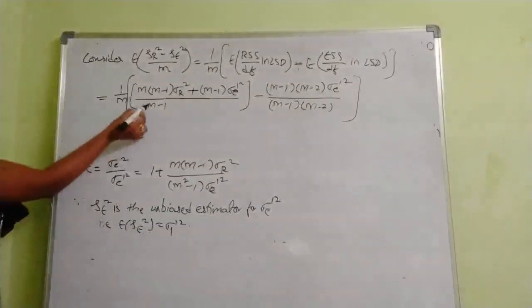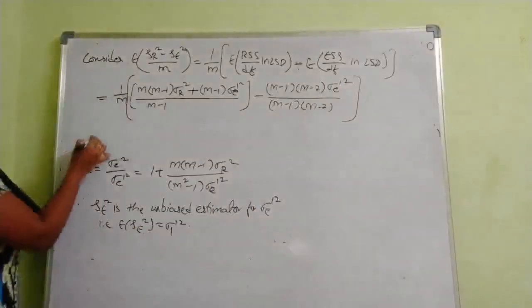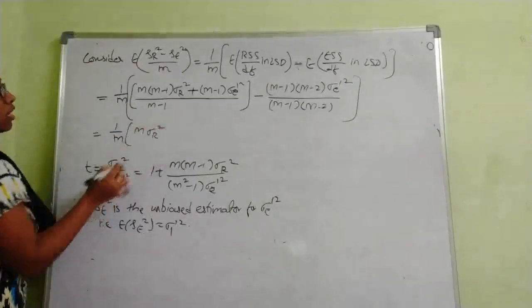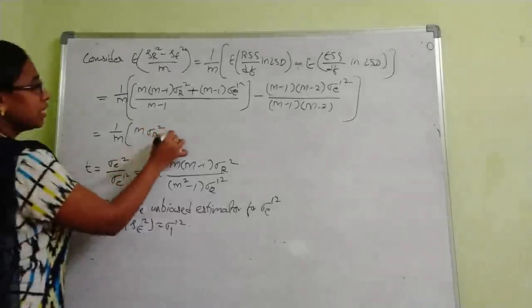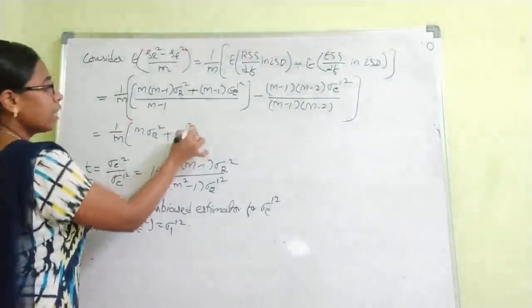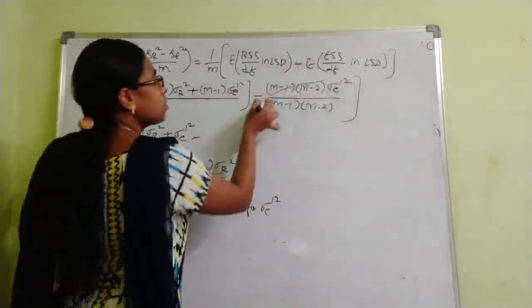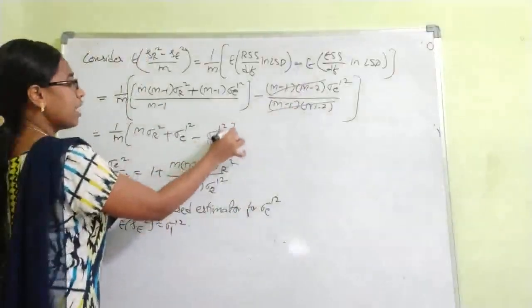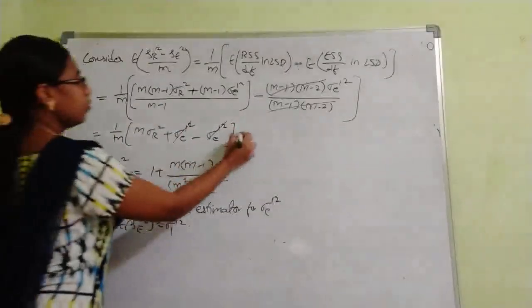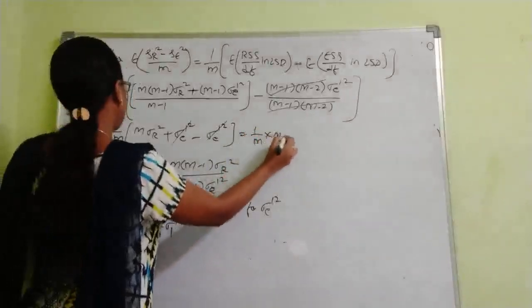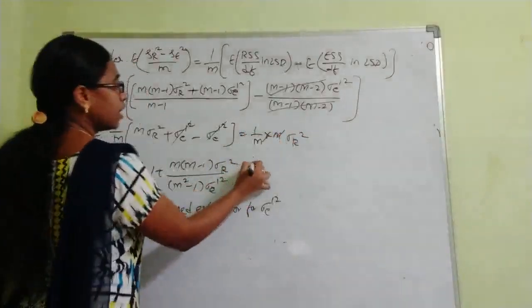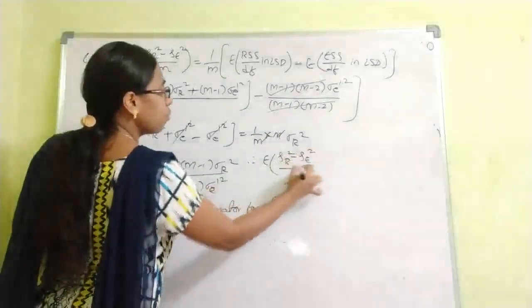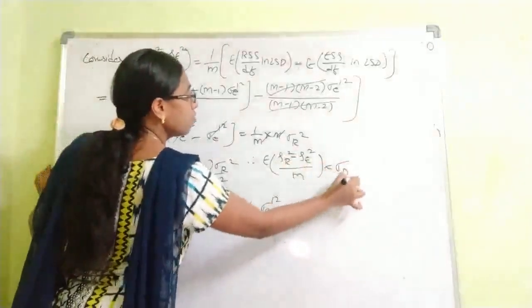Now if you split the denominator m minus 1, you get 1 by m into sigma r square plus sigma e dash square minus sigma e dash square, since m minus 1 into m minus 2 cancels. Both get cancelled, which equals 1 by m into sigma r square. Therefore, the expectation of SR square minus SE square by m is equal to sigma r square.